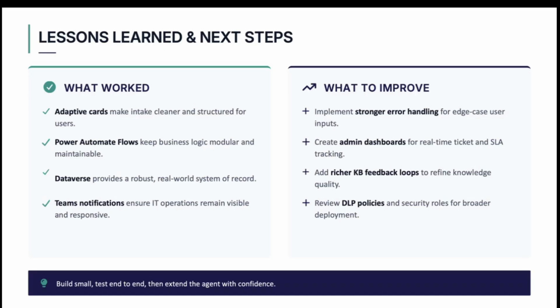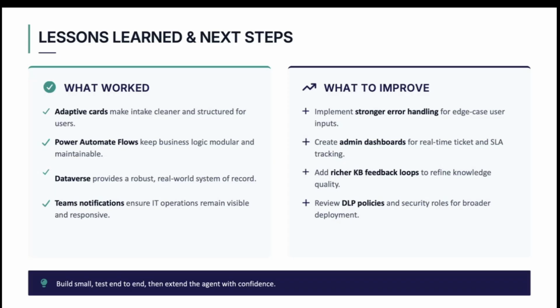And the admin dashboard is currently missing. With all the data saved in Dataverse, we can leverage Power BI for a dashboard based on the data we have saved. And that's it on the lessons learned and next steps. So now I'll just cover the demo.